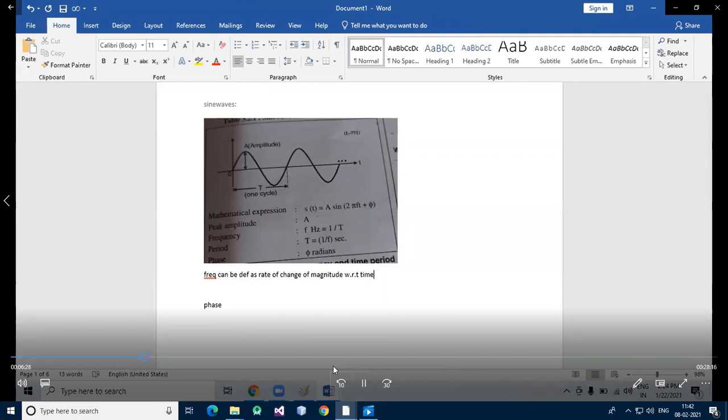Frequency can be defined as the rate of change of magnitude with respect to time. So frequency and time period are reciprocal of each other.